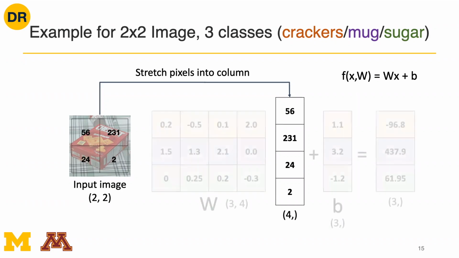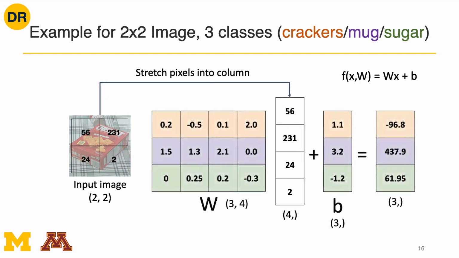Let's say we have a random W here, which is 3 cross 4. Again, 3 being the number of labels, and 4 the number of elements that you would get from your input image. You do a multiplication and add the bias term, and you get a bunch of scores for each of these labels.